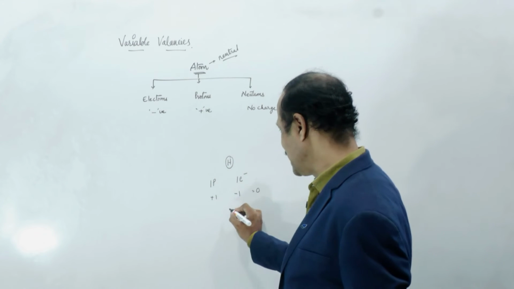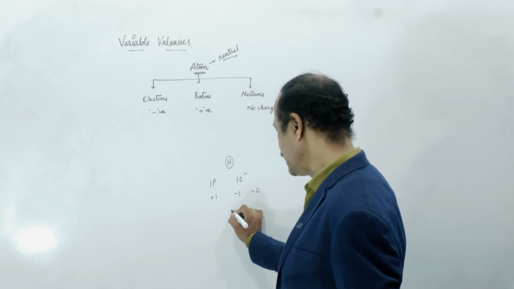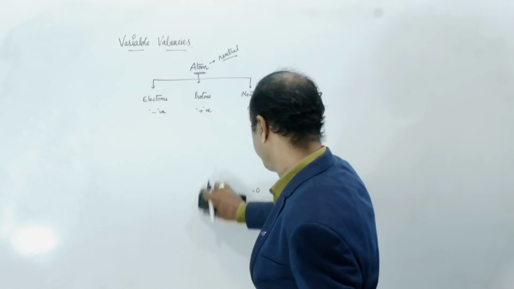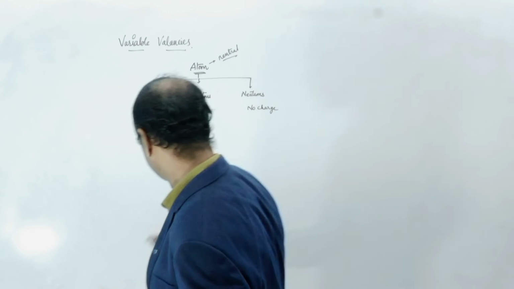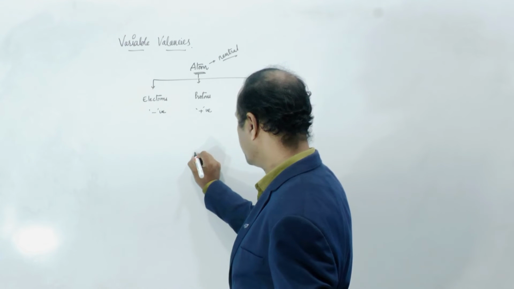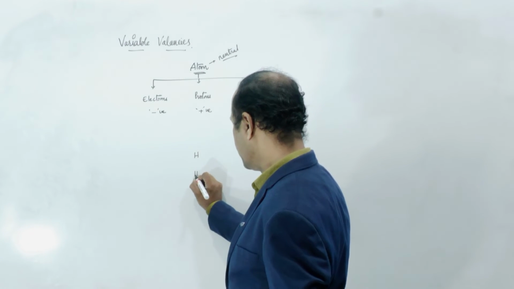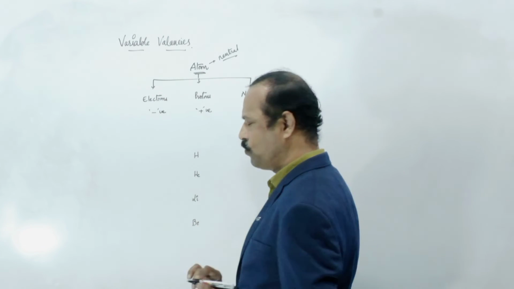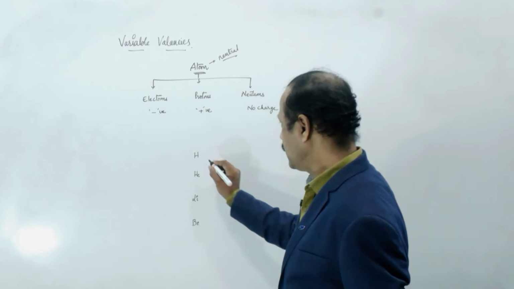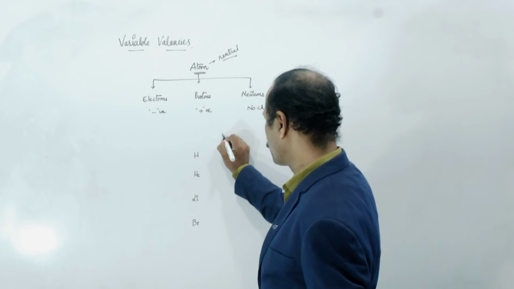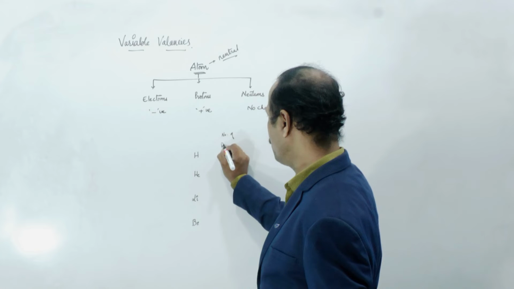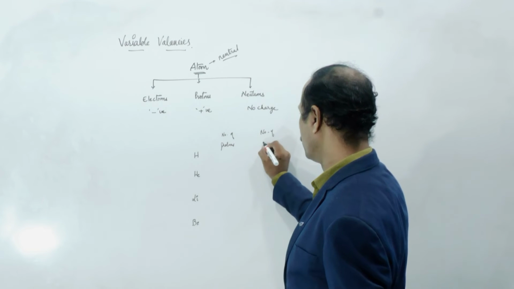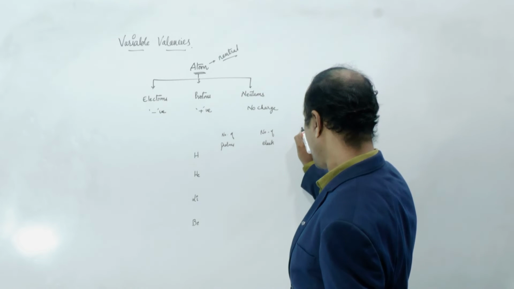Now, for example, take helium. See students now: hydrogen, helium, lithium, beryllium. I'll take up to 4. Here I am writing number of protons, number of electrons, and net charge.